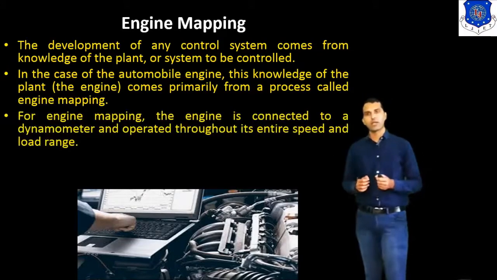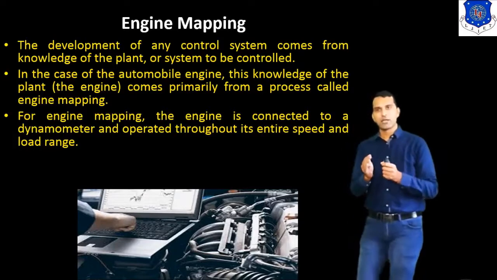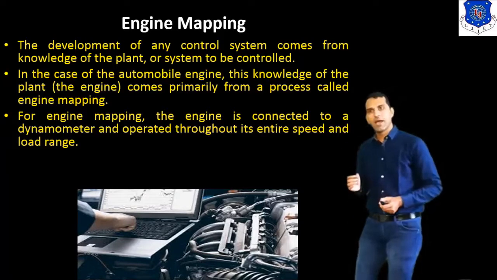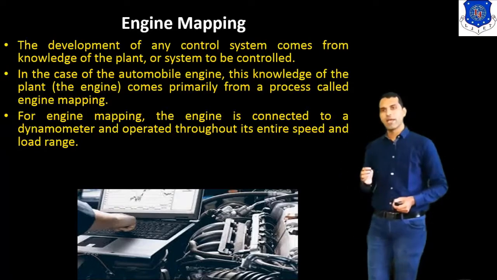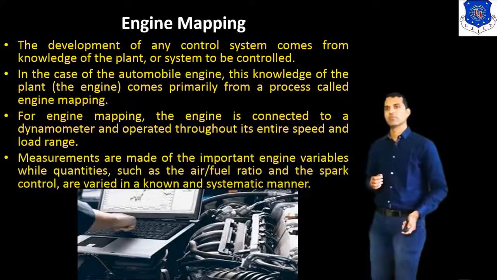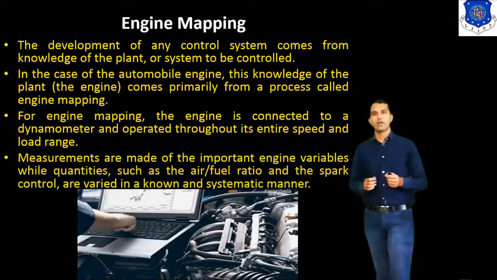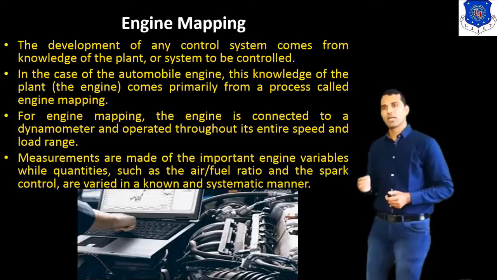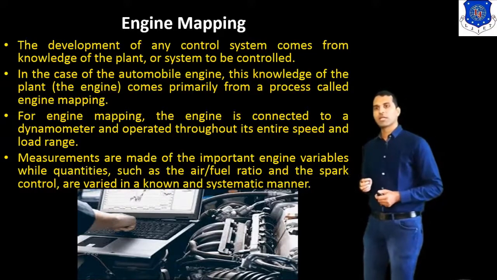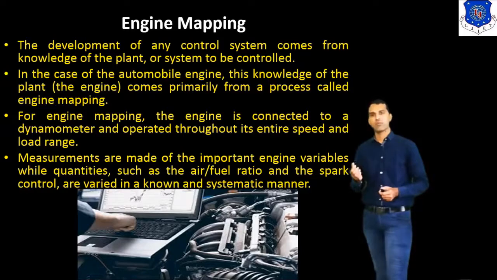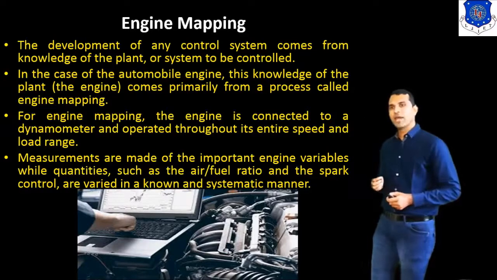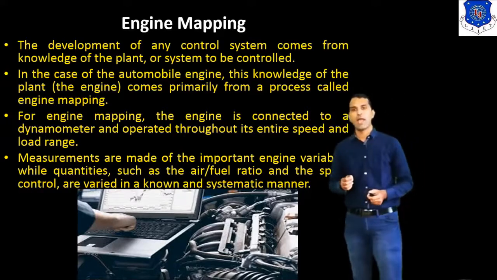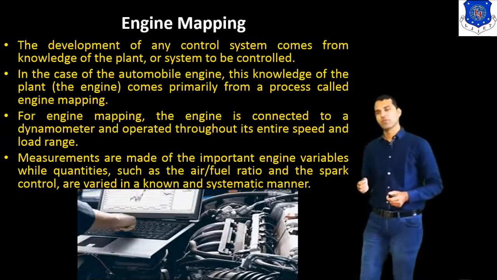For engine mapping, the engine is connected to a dynamometer and operated throughout its entire speed and load range. Measurements are made of the important engine variables, while quantities such as the air-fuel ratio and the spark control are varied in a known and systematic manner.